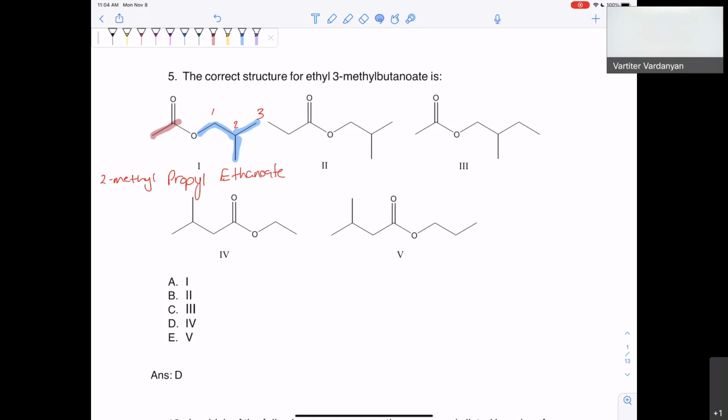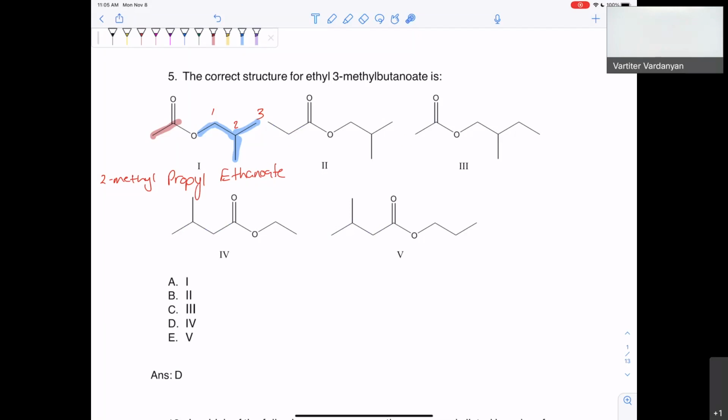So the first thing I would do when going through this question, so we see that it says methyl or ethyl 3-methyl butanoate, right? So I know that the butanoate is going to be on the carbonyl side. So 1, 2, 3, not long enough. 1, 2, not long enough. 1, 2, 3, 4, could be. 1, 2, 3, 4, could be.